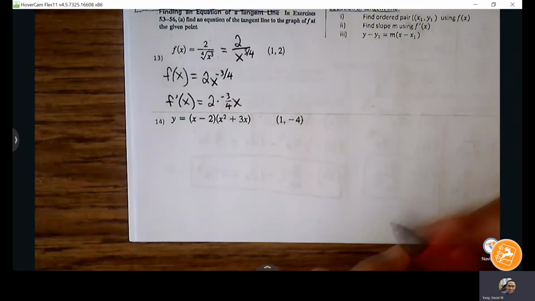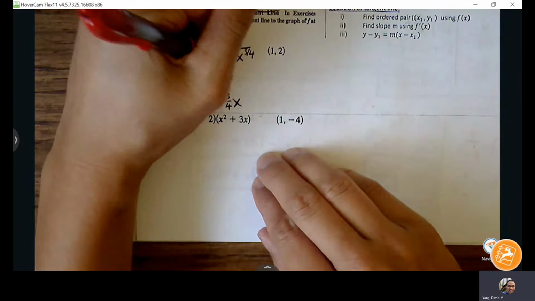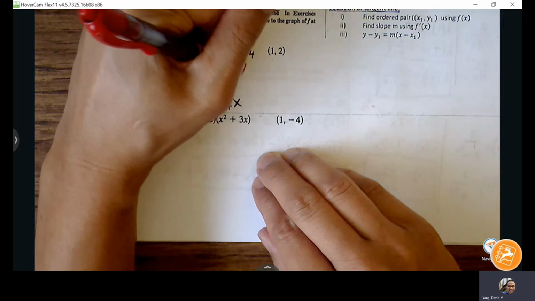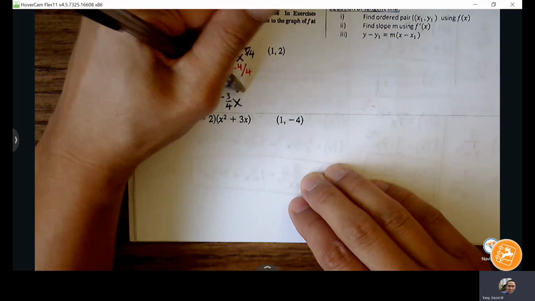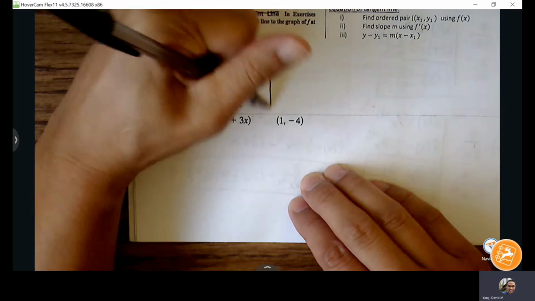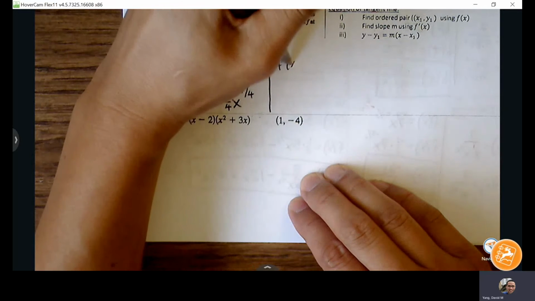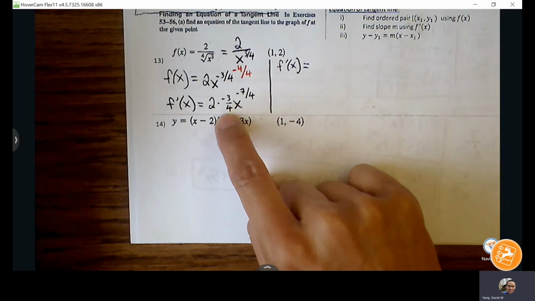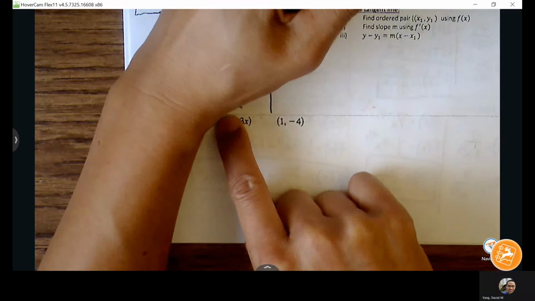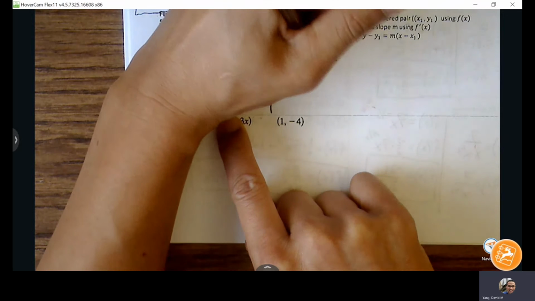Bring the negative 3/4 down in front, subtract 1 from the exponent, match the common denominator, which is really negative 7/4. Do a little bit of cleanup, negative 6/4, which is negative 3/2. Bring that x down to the denominator.